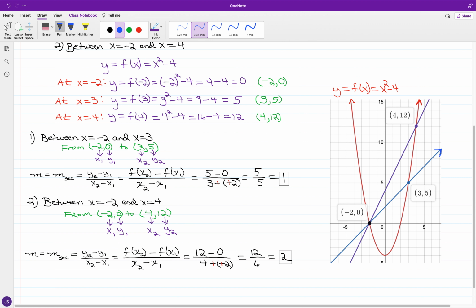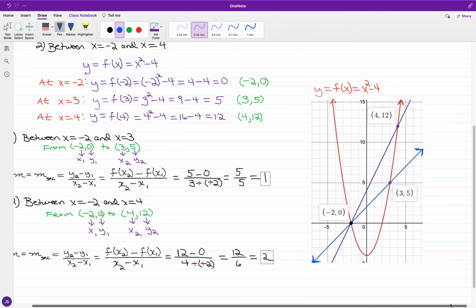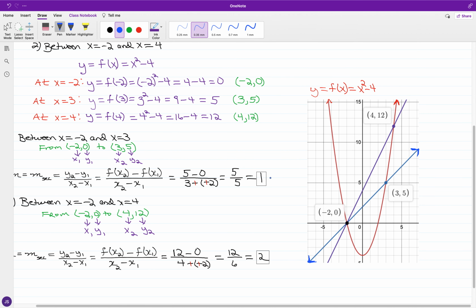That is the secant line going from x equals negative 2 out to and beyond x equals 3. For this secant line, the slope is equal to 1, and negative 2, 0 and 3, 5 are the points of intersection.